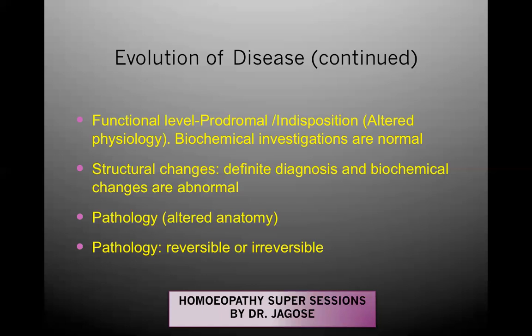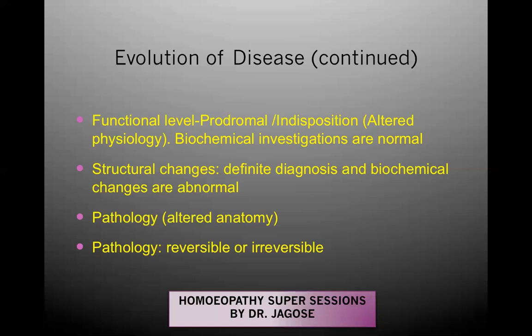So at the functional level, you're getting an altered physiology, and at the structural level, you're getting altered anatomy. That is nothing but the pathology what you are seeing. Now the pathology in the early stages, it could be reversible, but as the disease advances, then it may become irreversible.